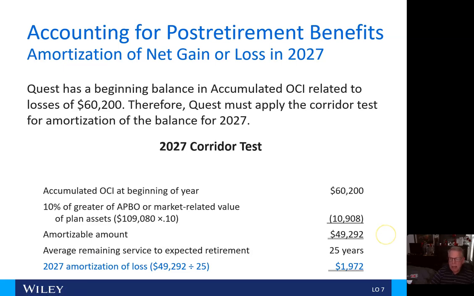The average remaining service to expected retirement is 25 years. Therefore, our 2027 amortization of loss will be that $49,292 divided by 25 years, or $1,972.